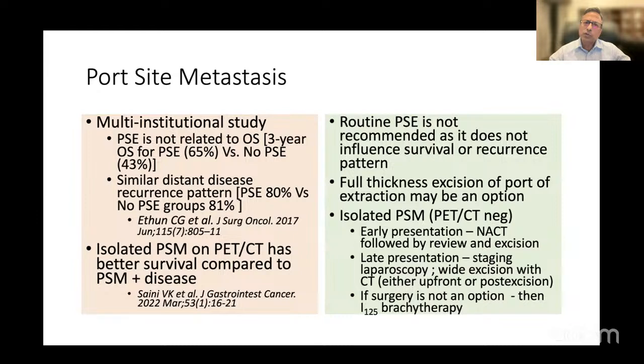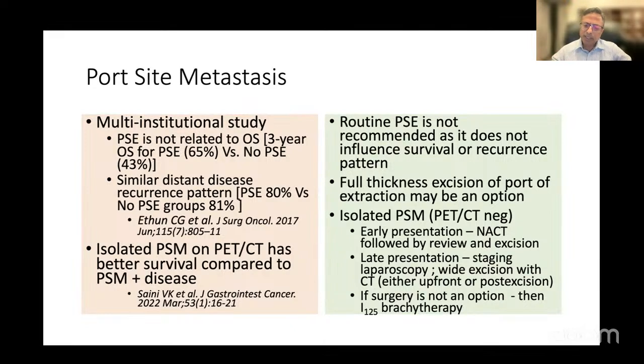If you have to do it in an isolated port site metastasis, which is generally metachronous, with a long interval between the primary disease treatment and the occurrence of port site metastasis, then it should be a full thickness excision of the whole abdominal wall. And this can be either preceded with a neoadjuvant therapy or followed by adjuvant therapy.